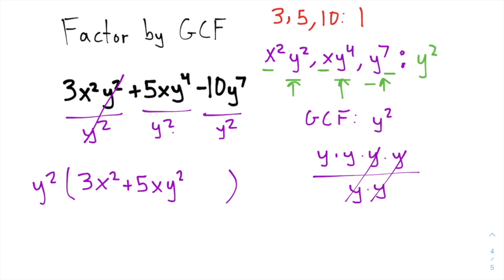And then for our last term, I'll use that shortcut again. Negative 10 isn't being divided by anything. Y to the 7th divided by y squared is going to be y to the 5th. I think these 2 y's cancel with 2 of the 7 up here, leaving us with 5. And that's our final answer.